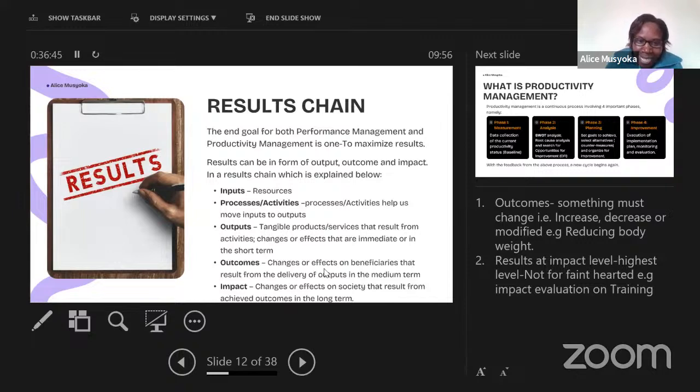Customer satisfaction may go up. That is an outcome. Complaints may reduce. Defects may reduce if we are in a manufacturing industry. Now, coming to the highest level of results is the impact.